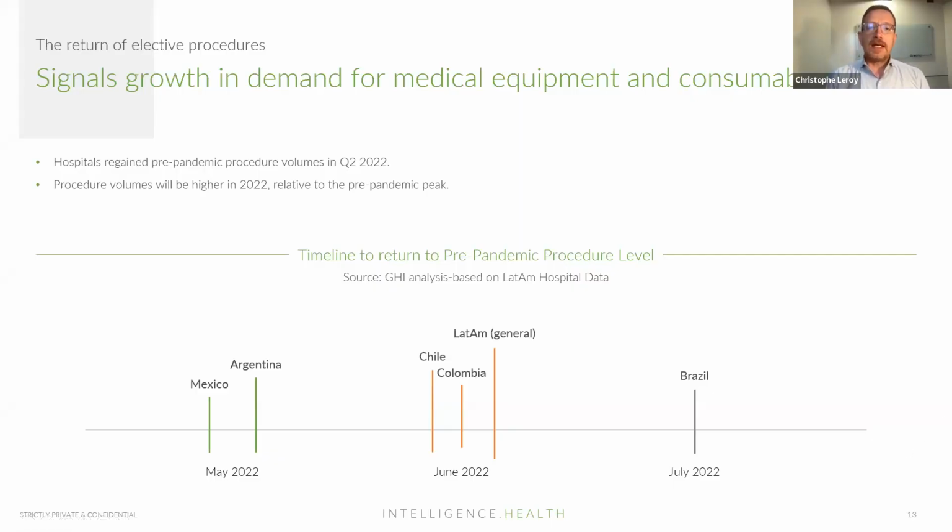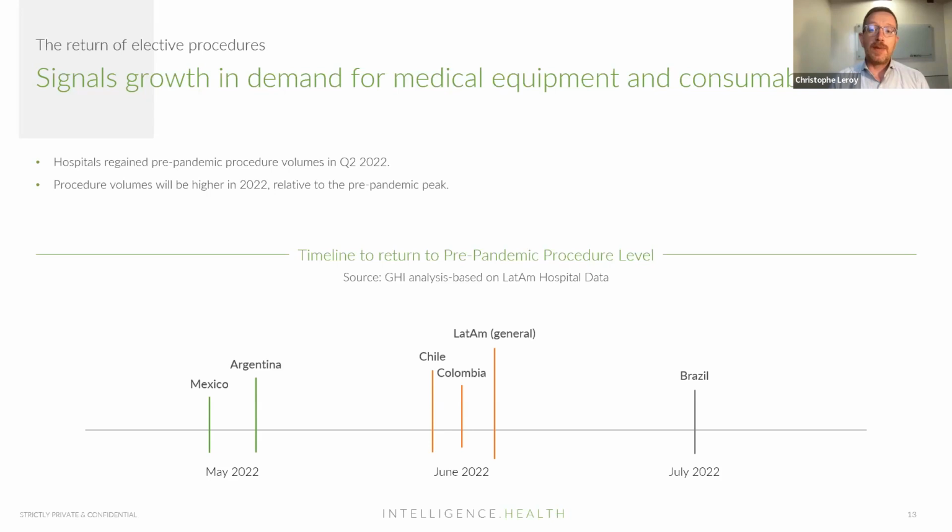So the biggest headline that we've seen this year is that there has been a return of elective procedures. And as you can see on this graph, across the main markets in the region, the level of procedures returned to pre-pandemic levels just a couple of months ago in the vast majority of cases.